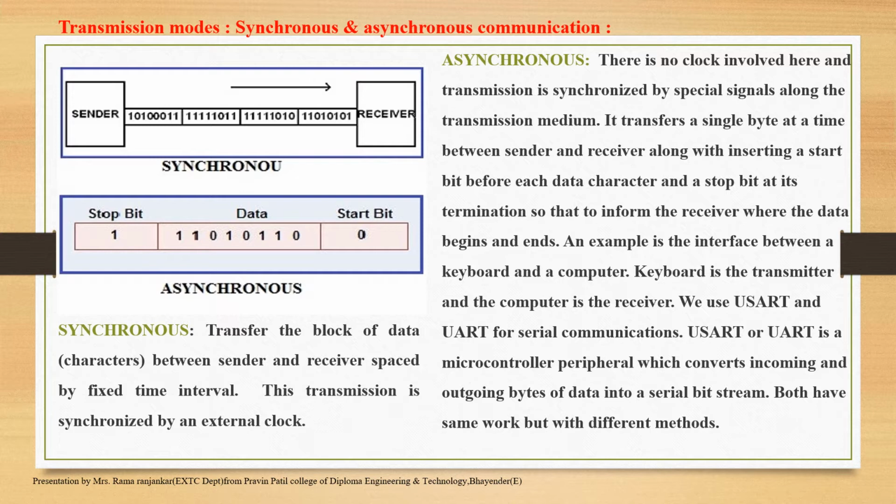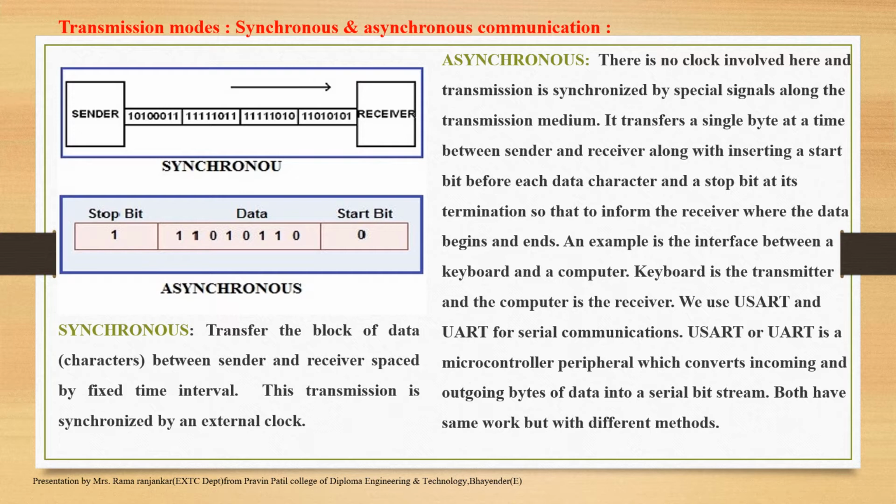It transfers a single byte at a time between the sender and receiver, inserting a start bit before each character and a stop bit at its termination, so as to inform the receiver where the data begins and ends. An example of asynchronous transmission is the interface between the keyboard and monitor.